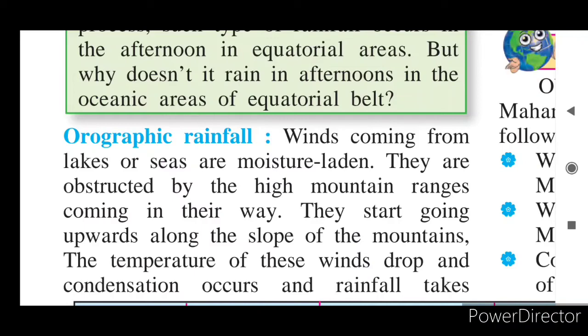moisture is obstructed by the mountains, means when the air goes upward and there is a mountain, that clouds cannot cross the mountain.